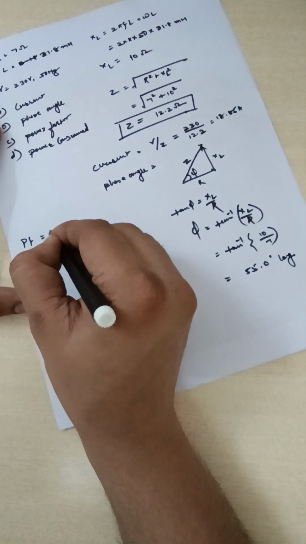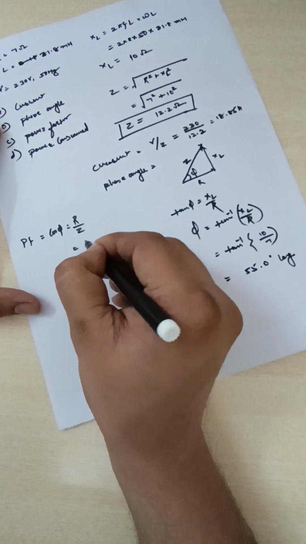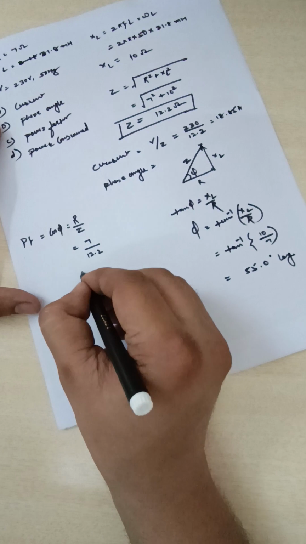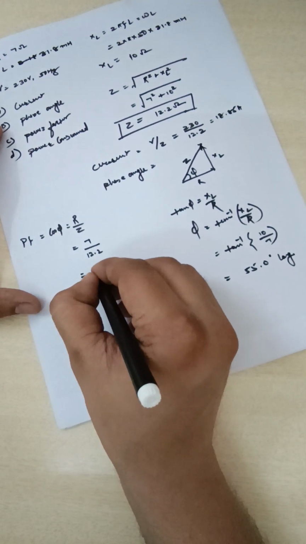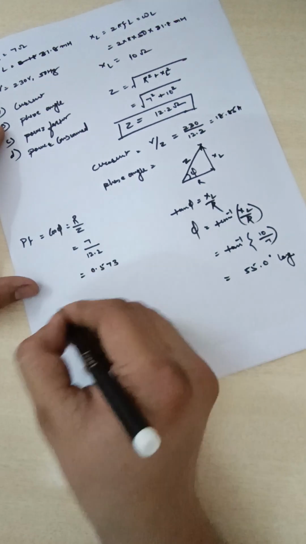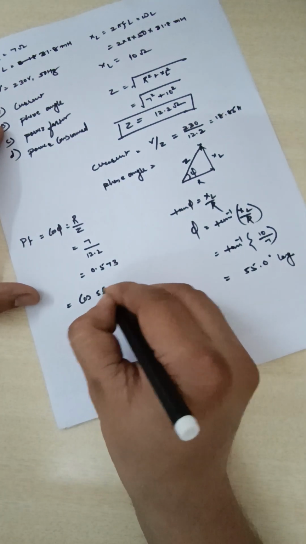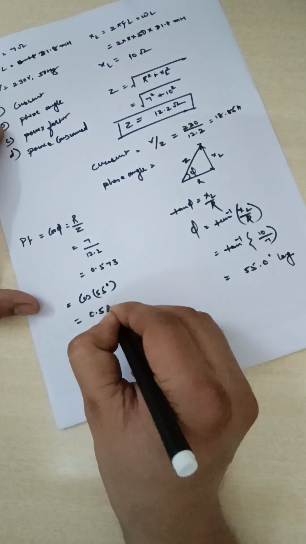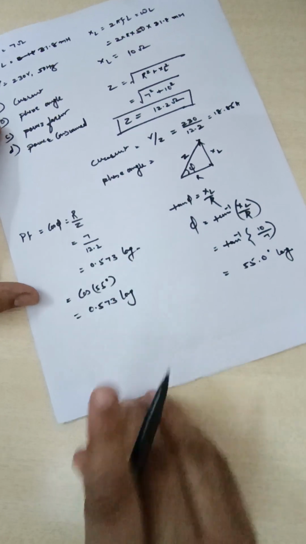As we have discussed, cos phi will be equal to R by Z. R is 7, Z is 12.2, so it will be equal to 0.573. Or you can calculate cos of the angle already obtained, 55 degree. Here also you will get the same value 0.573, and power factor will be lagging here.